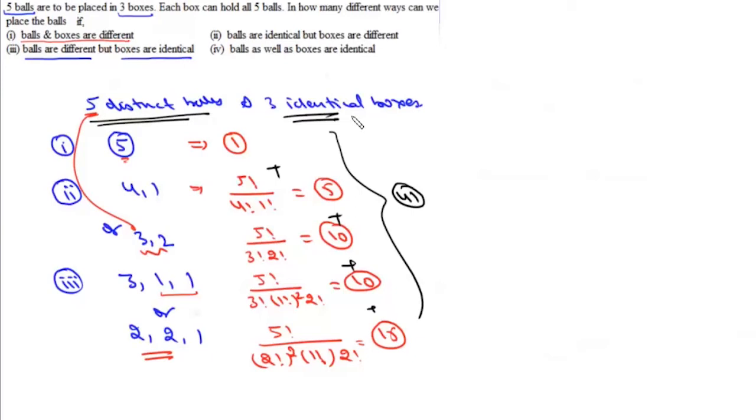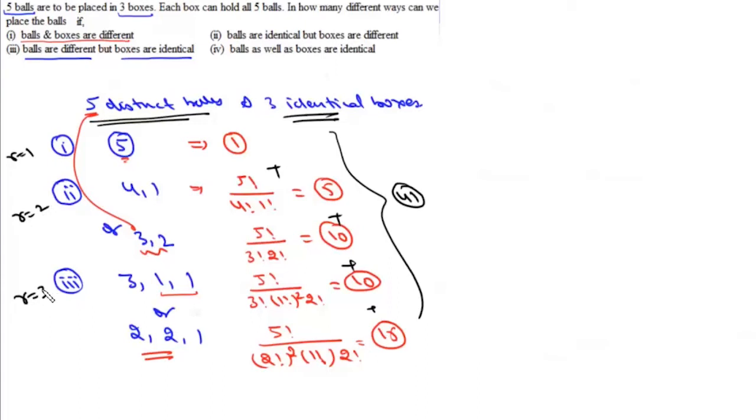So essentially what we have done is we have used the same formula of distributing distinct balls in boxes if no box is empty, considering 3 separate cases: when we have only 1 box, when we have 2 boxes, and when we have 3 boxes.